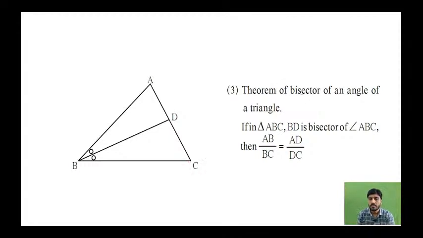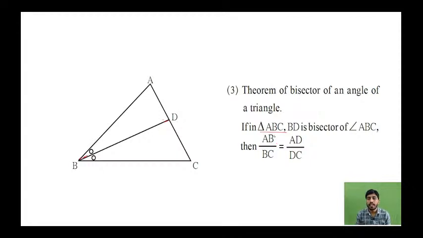And third was the theorem of the bisector of an angle of a triangle. So if in triangle ABC, BD is a bisector of angle ABC, means it will bisect this full angle ABC into two equal halves, that is ABD and DBC will be congruent.